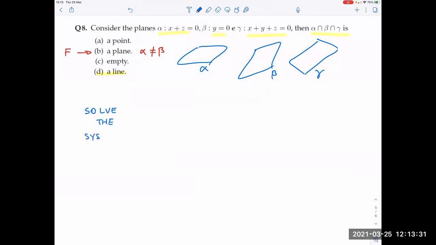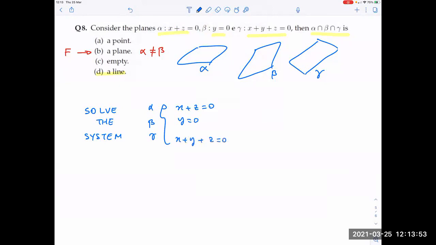What system? Well, the system of equations given by alpha, beta, and gamma. So x plus z equals 0, y equals 0, and x plus z, plus y plus z equals 0.